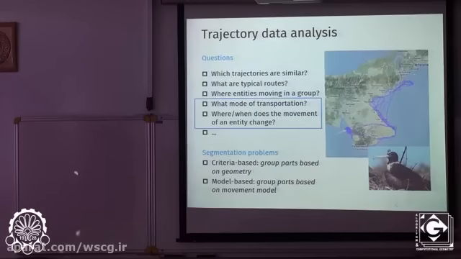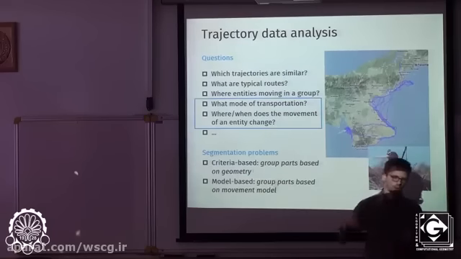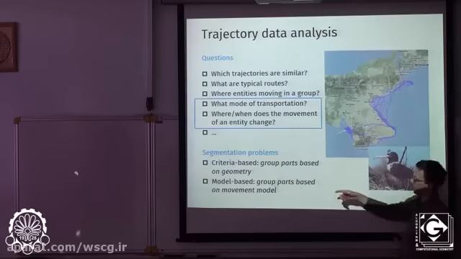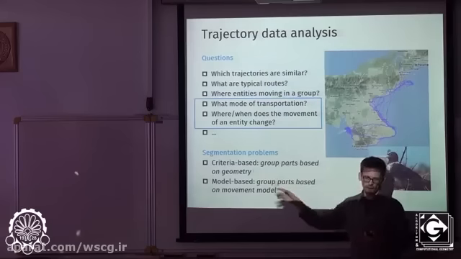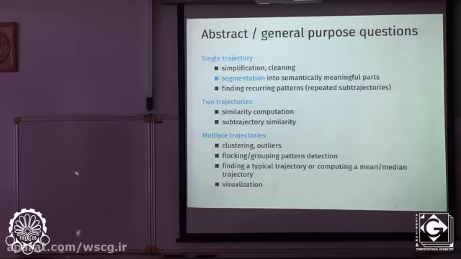In the model-based approach, we try to fit a movement model which has some parameters describing the movement, and then we try to maximize the likelihood of the fit. In this more abstract view of what algorithmic analysis tasks we have on trajectories, segmentation falls into the area of analysis on a single trajectory.